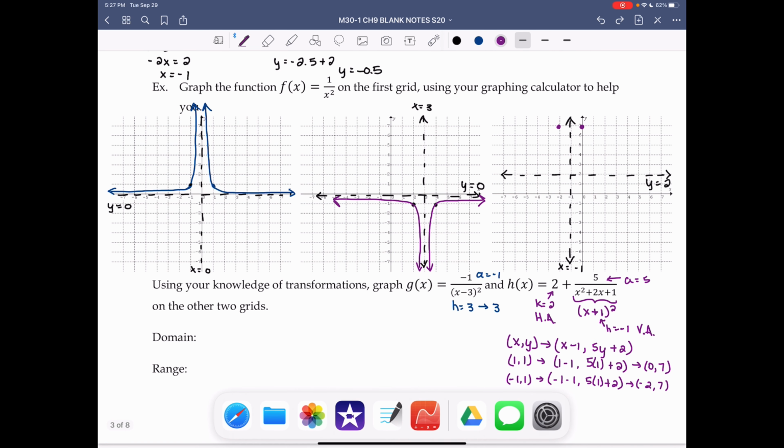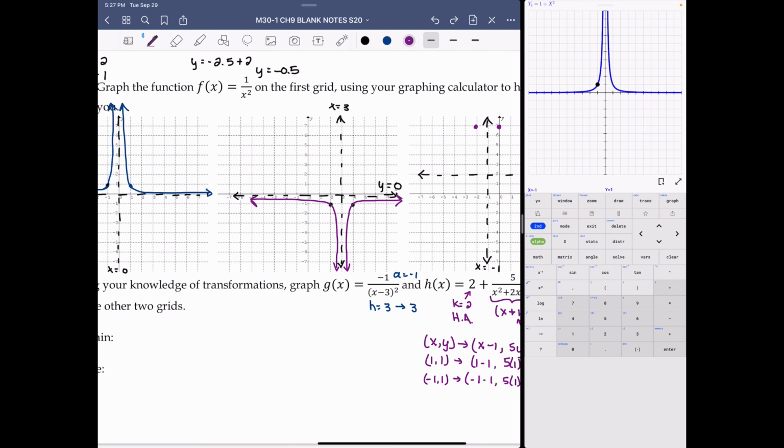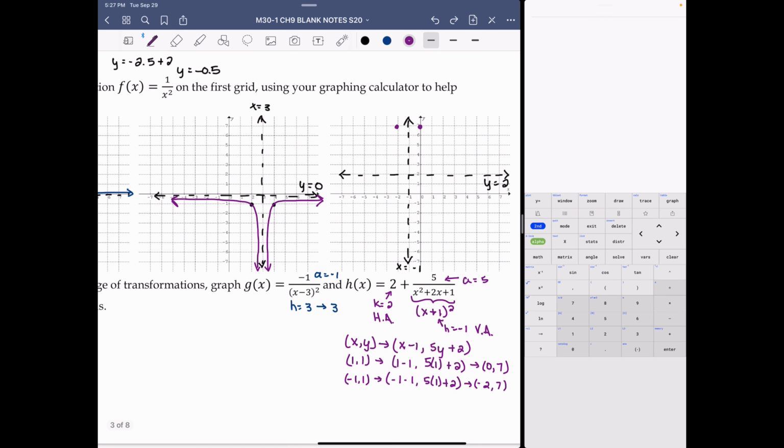We could use our calculator to find a couple points for certain x values. So let's go back to our regular screen here. Let's just plug in if x is equal to 2.